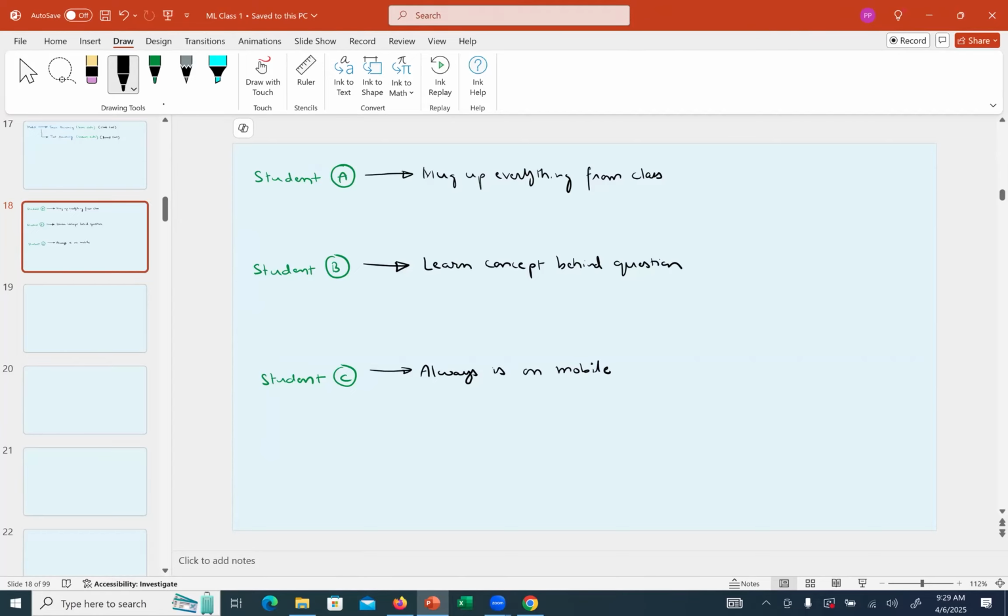So let's say in any class you will find these 3 kinds of students, right? One is student A, he or she doesn't care about the concept. Whatever is covered in the class, they're gonna mug up everything. Then student B is there who is trying to learn the concept, asking why the teacher is saying this, right? And then student C is there who is not giving attention in the class and is always on the mobile. These things are happening.